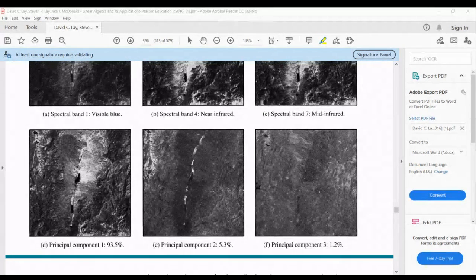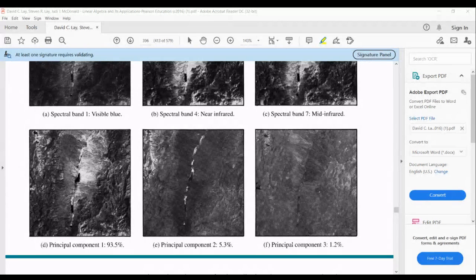So the data can be stored in a matrix. And by knowing eigenvalues and eigenvectors, you can break the image up into different components, what are called principal components.